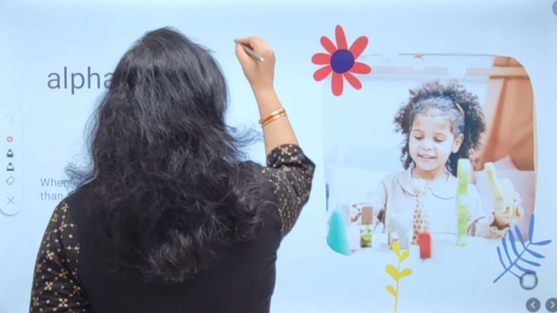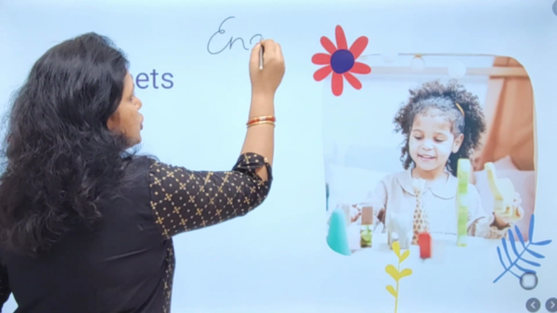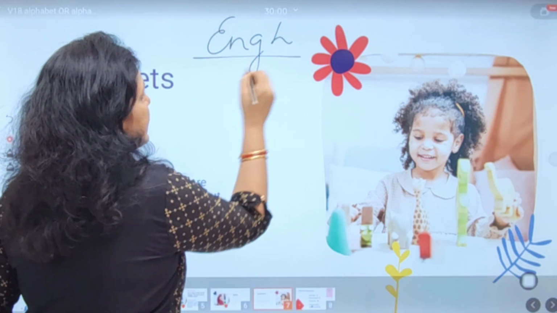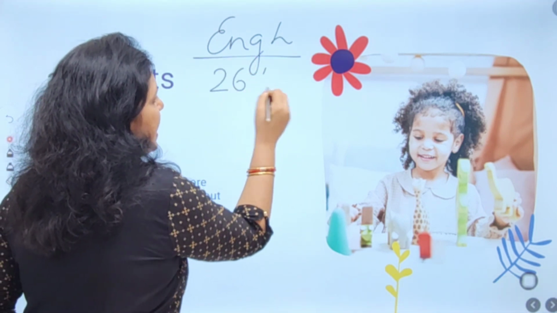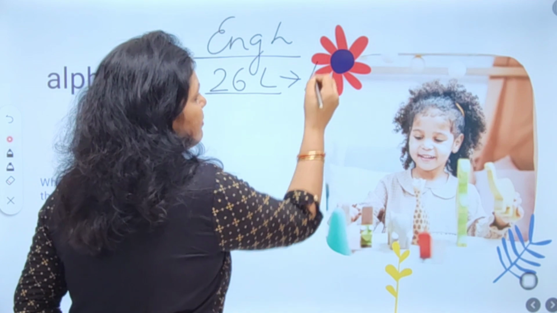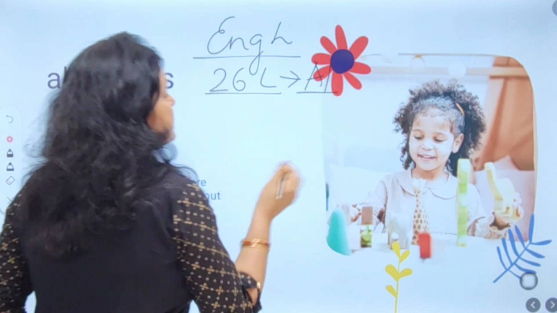Now we also have a word called alphabets. Now what is this alphabets? Just now we have understood that there is no word like alphabets. But my dear friends, there is also a word which says alphabet. So what is this alphabets? Now see, if you are talking of the English language, English has 26 letters which form one alphabet.